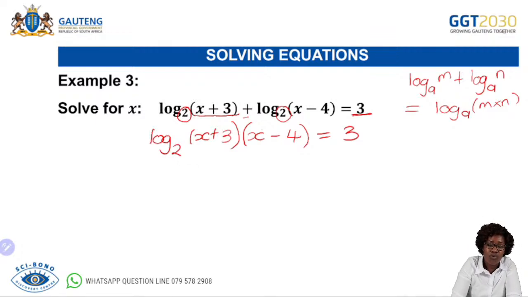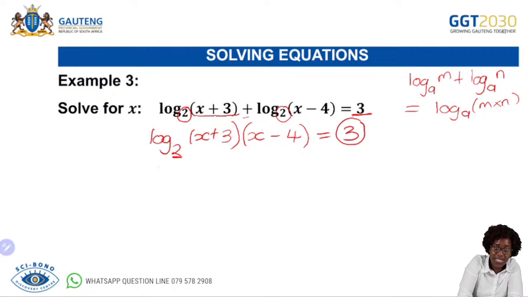So how do I move out from logs? We're changing the log to an exponent. And remember what we said. We are going to take the base that we have here, which is your 2, and we raise it to the exponent 3. But I'm choosing to first write down the terms that are next to the log first, instead of having to move this to the right-hand side.